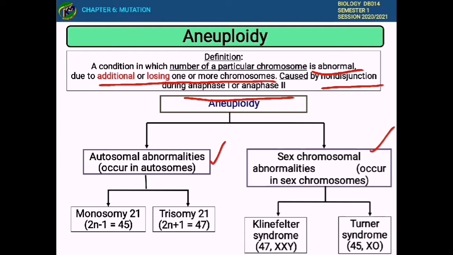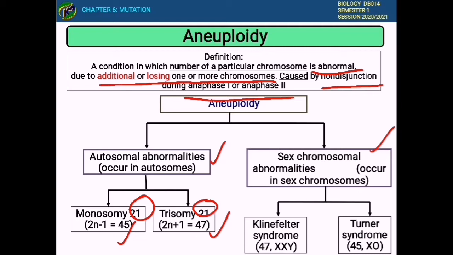Autosomal abnormalities, which occur in autosomes, are divided into monosomy 21 and trisomy 21. Here we have 21 because it occurs at chromosome number 21. As we know, chromosomes have 23 pairs, so these autosomal abnormalities occur at chromosome number 21.